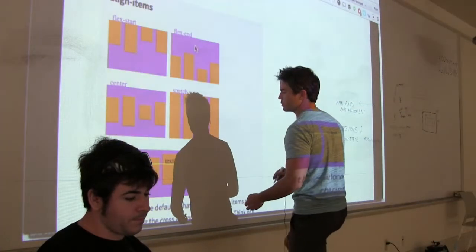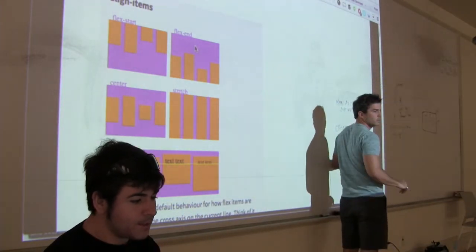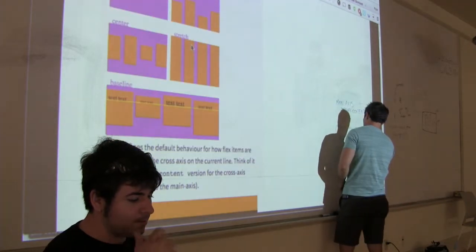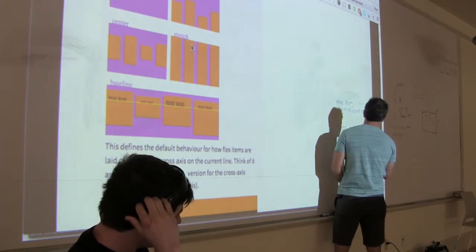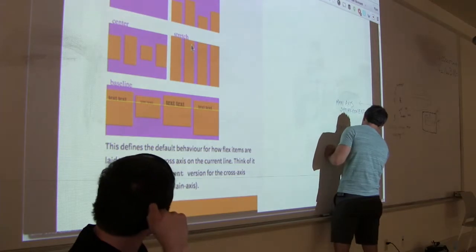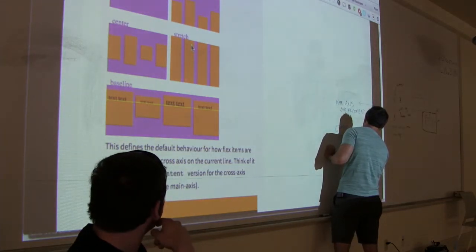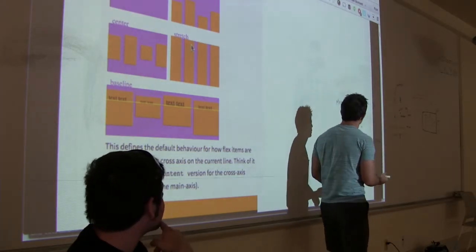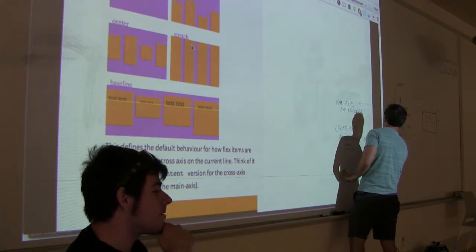Remember, align items is individual, right? When I mean individual, I mean individual on that axis. So since our cross axis is columns, it's individual per column. And then this is for the whole chunk.